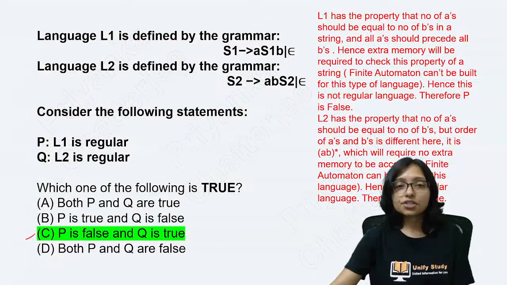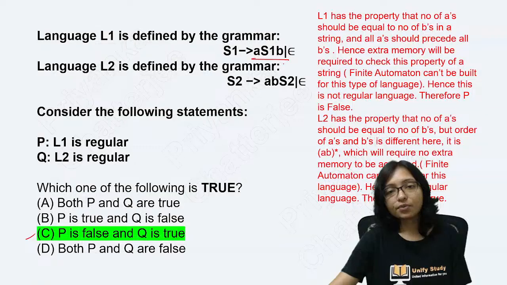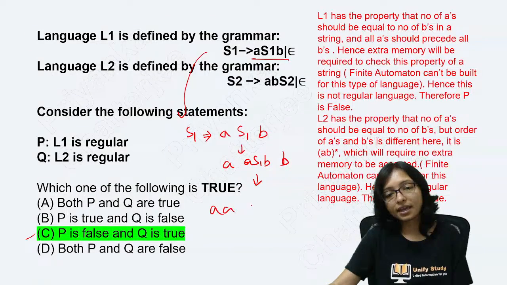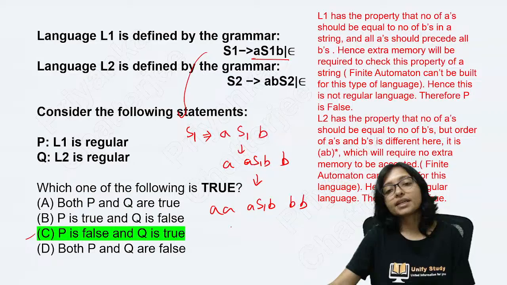The language we are generating, what language will we generate here? From the S1 you are generating A S1 B. So it is like A, then again A S1 B, then B. Again it will be A, then A S1 B, then BB. So it is just like that.